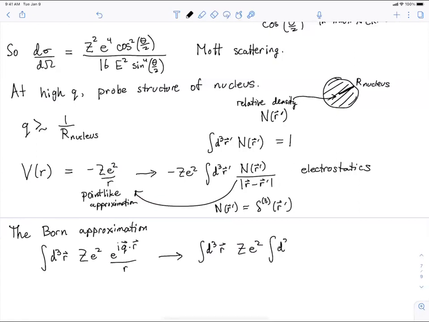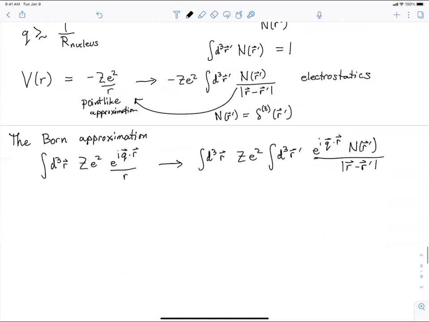So now our new potential is an integral over r prime, e to the I q dot r. But now there's an n of r prime divided by this r minus r prime factor. Okay, and so that's really the only change within the Born approximation. Of course, the Born approximation isn't perfect, but so that's what we get.